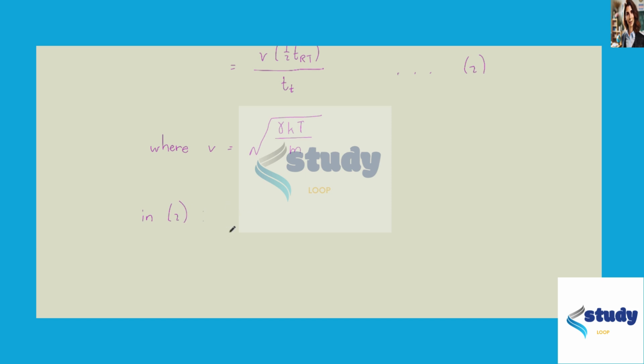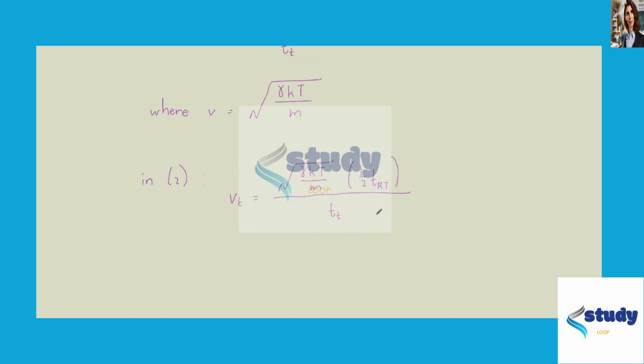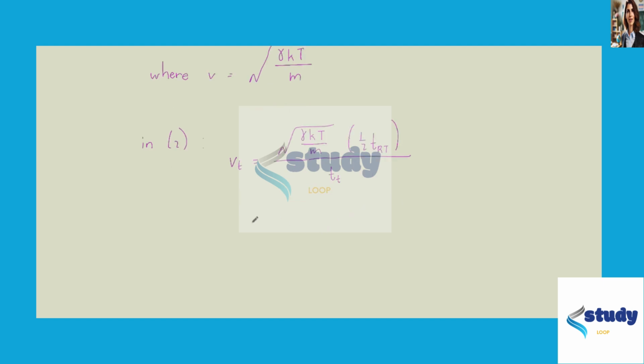we get the speed of the truck, Vt, is equal to the square root of gamma times K times T over M multiplied by 1/2 times the round trip time, TRT, all divided by the time of the truck, TT. Now, from this equation, we can see the temperature here needs to be in Kelvin.